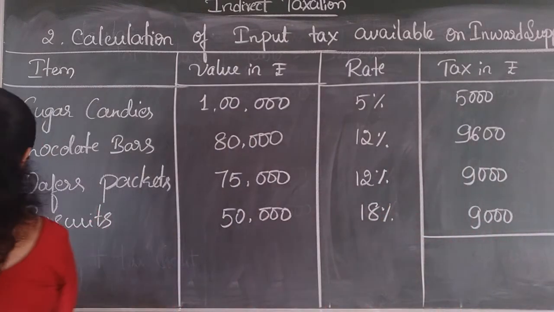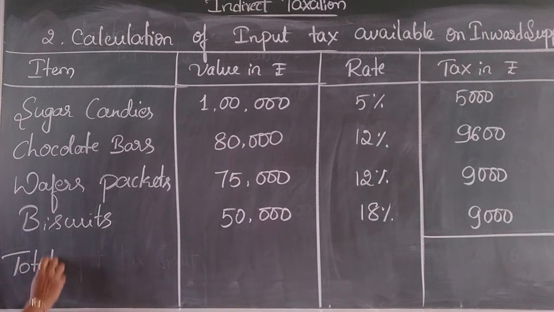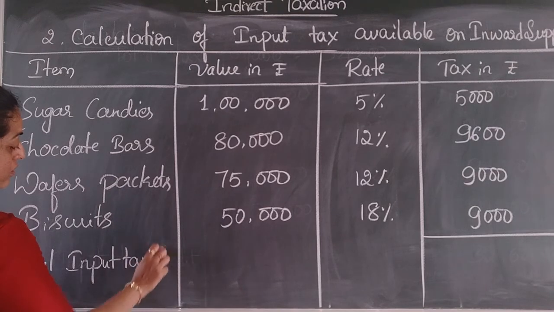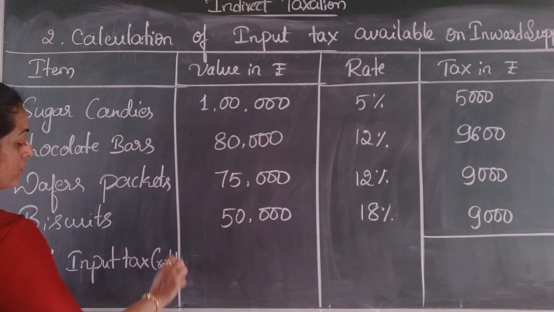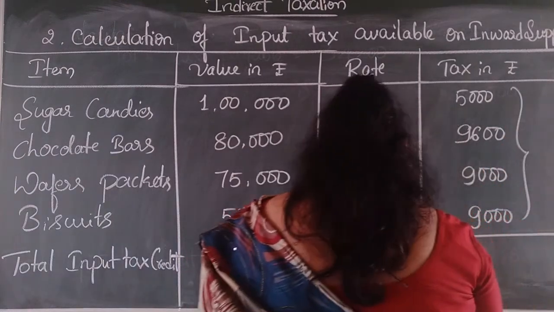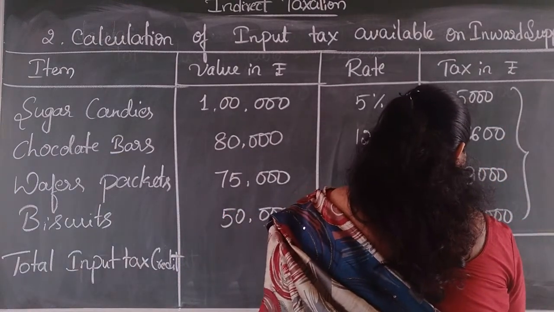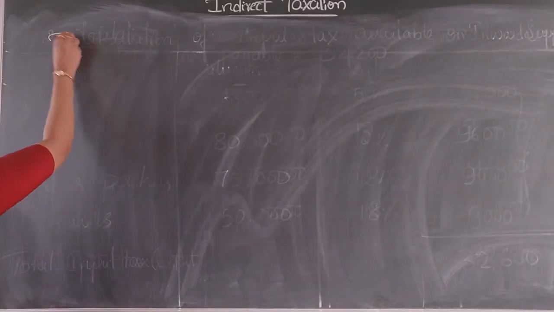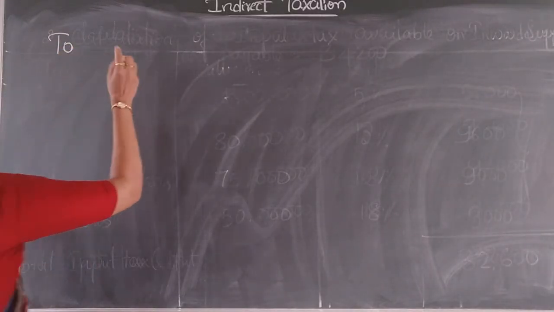So total input tax credit, so total of this you need to add. The answer is 32,600.